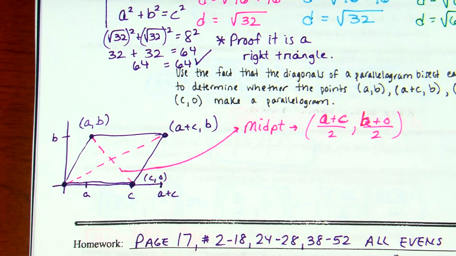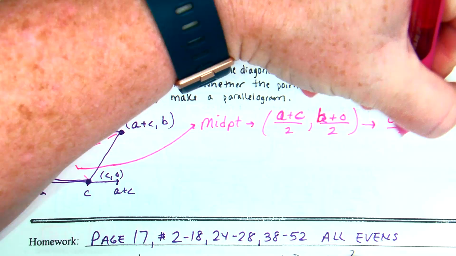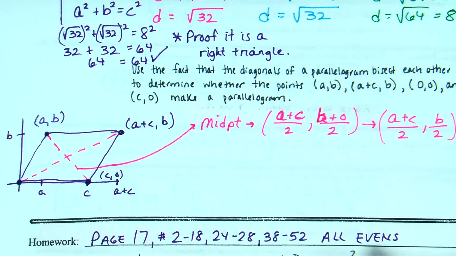Okay. What is A plus C divided by 2? And we're going to go with A plus C divided by 2. What is B plus 0 divided by 2? B divided by 2.